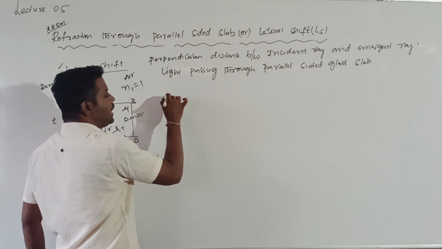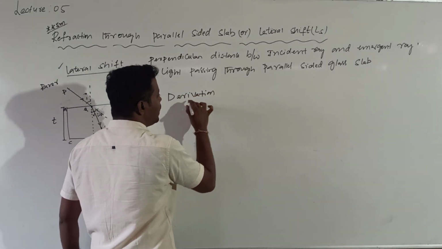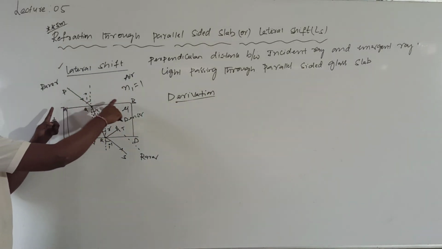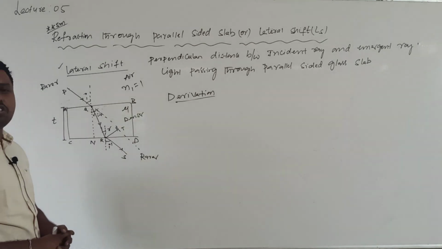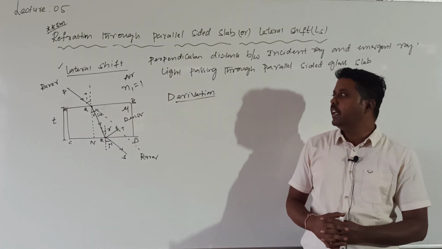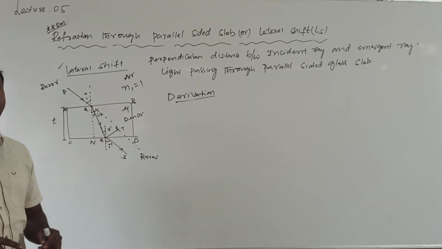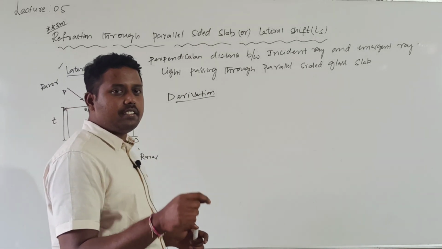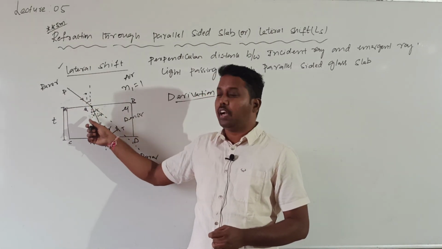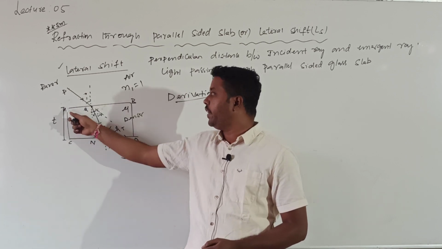Now the derivation. In order to derive the expression for the lateral shift, first after writing the definition, you have to draw the diagram. The diagram should be drawn correctly with the appropriate arrow marks. Then you need to explain the diagram. Considering a parallel sided glass slab of thickness T and refractive index mu, placed in air, allowing a light ray, incident ray PQ, on the face AB.